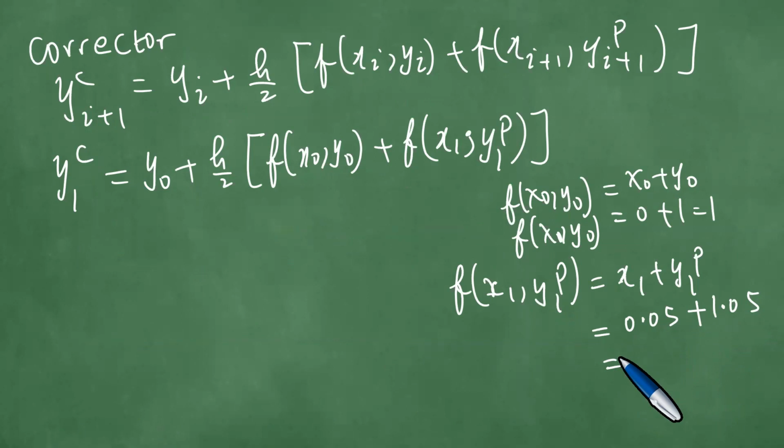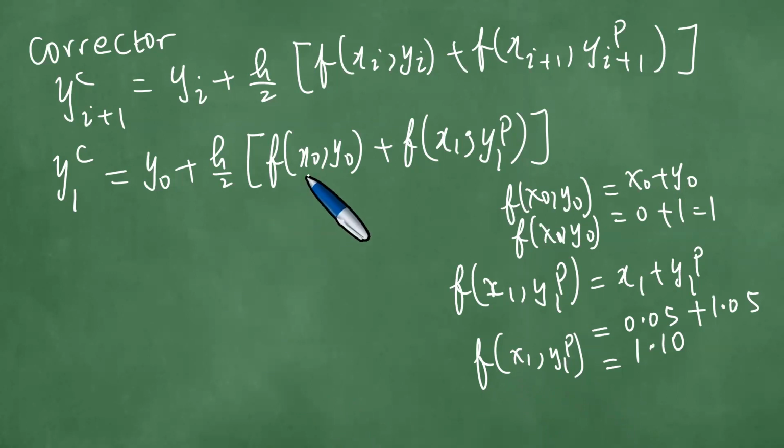This is 0.05 plus 1.05, and it is 1.10. That is correct. So f of x1, y1 predictor is 1.10. In other words, we have y0, we have h over 2, and it's all good and well.